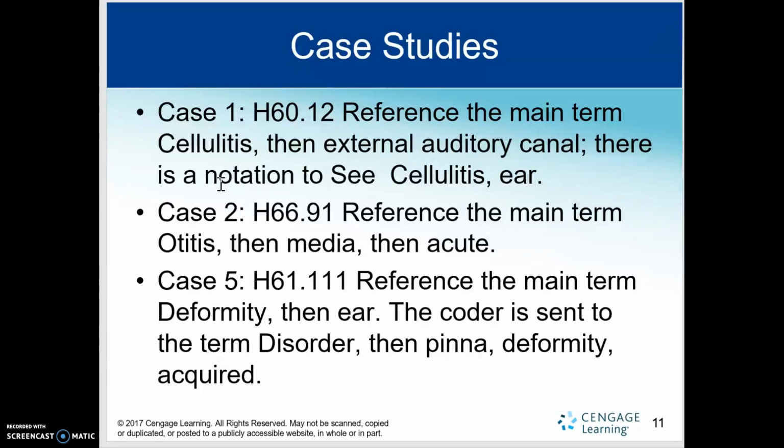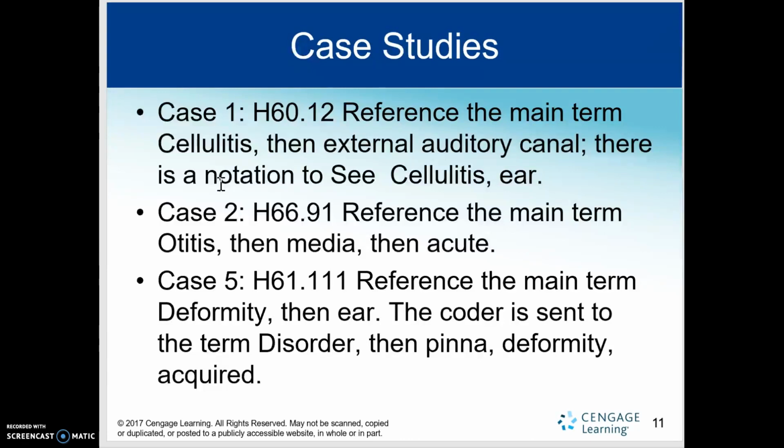Case study 1. It says the 9-year-old male patient was brought to the ER by his mother. His left external ear was warm to the touch, and it appeared red and swollen. He had a fever of 100 for the past 2 days. Upon otoscopic exam, the middle and inner ear were reviewed with no findings. There was definitely cellulitis of the external auditory canal.